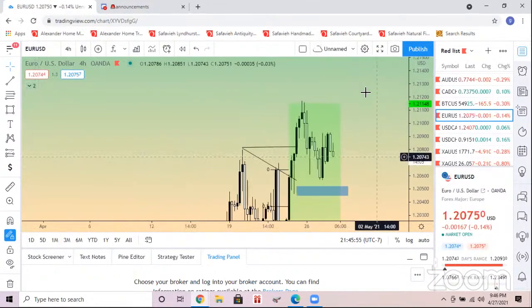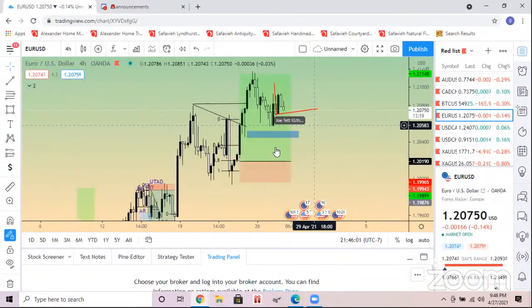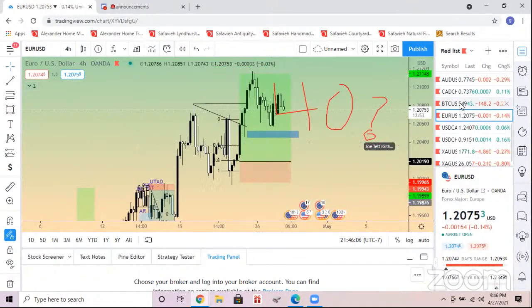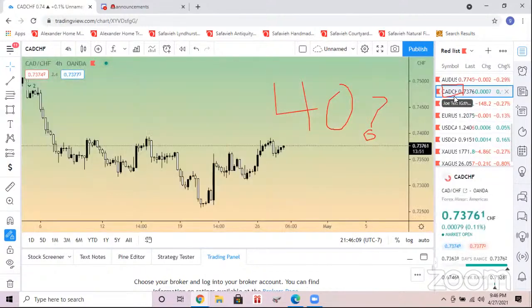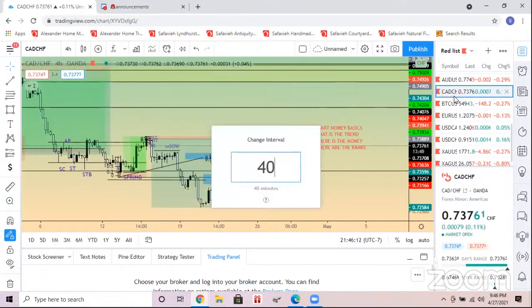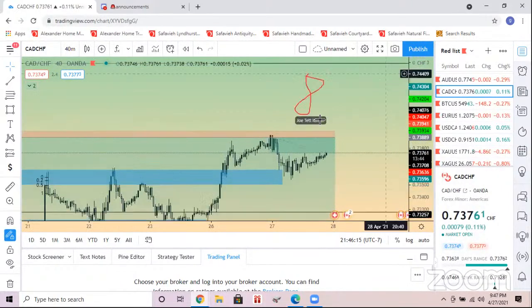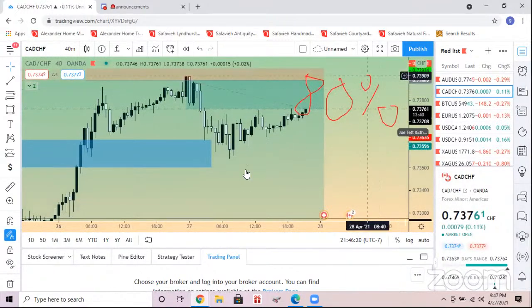Euro USD. I've got this buy that I'm looking at. The risk reward is just not good. Oh, the 40-minute. This one?